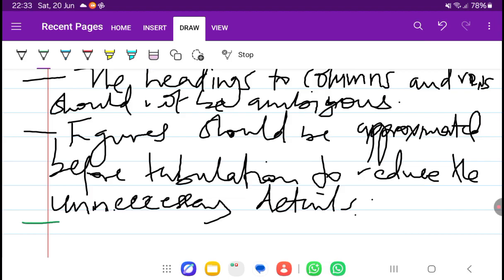Of course, lastly, we can talk about the arrangement of data in the table.